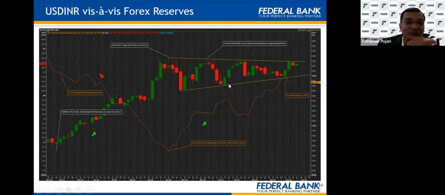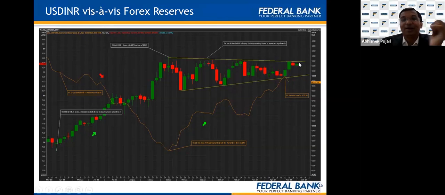And every single time whenever the rupee is touching this support, RBI is there to buy dollars and make good of whatever dollars they sold in the previous calendar year. Just a week prior, our forex reserves almost went up to 600 billion, and currently stand at around 593 billion for the last week.